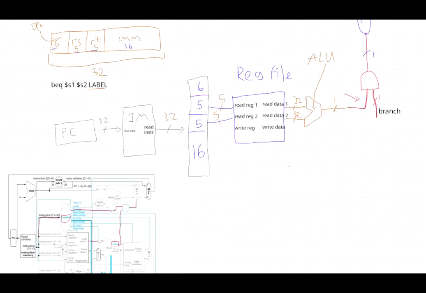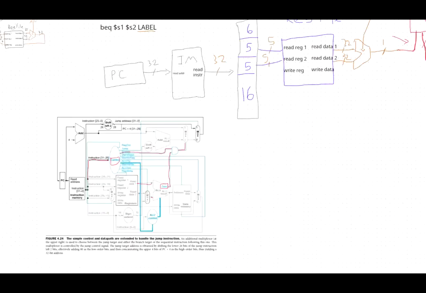But what I was saying was that on an exam, she may say, assume the condition is satisfied. So we know that this input will be selected here, because if the branch condition is satisfied, that means we have a branch.